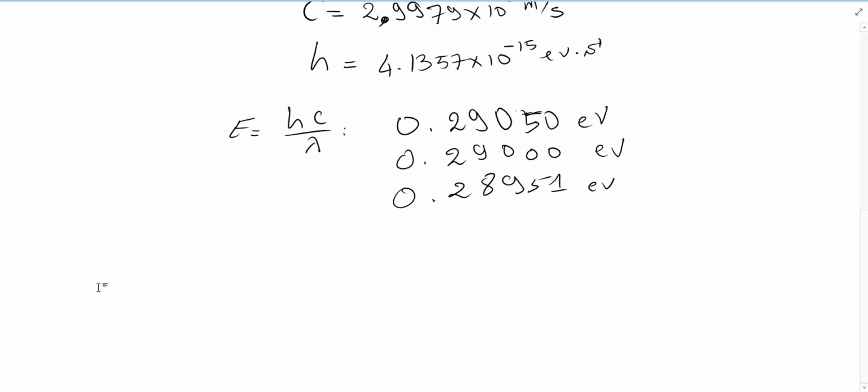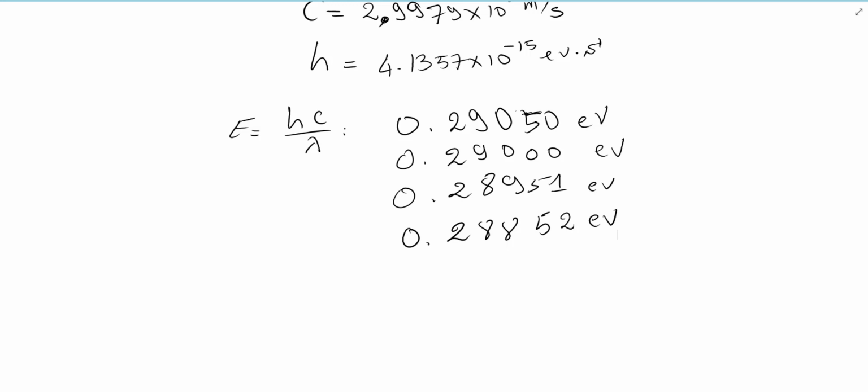And for the last two, I actually have the book here. The fourth one is 4.2972, everything else is the same, and it gives 0.28852 electron volt.